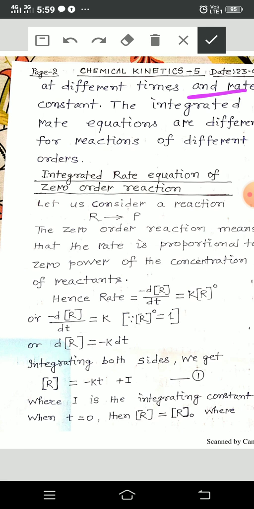The integrated rate equations are different for reactions of different orders.